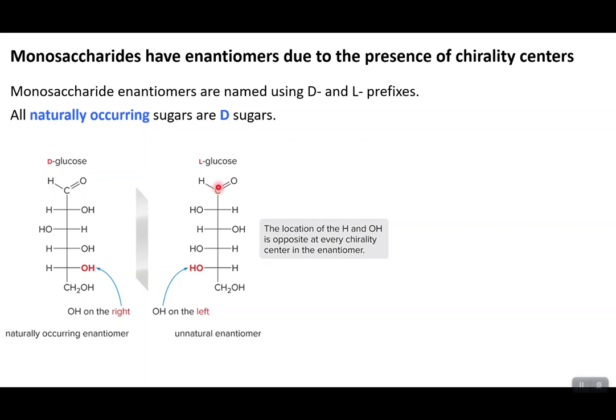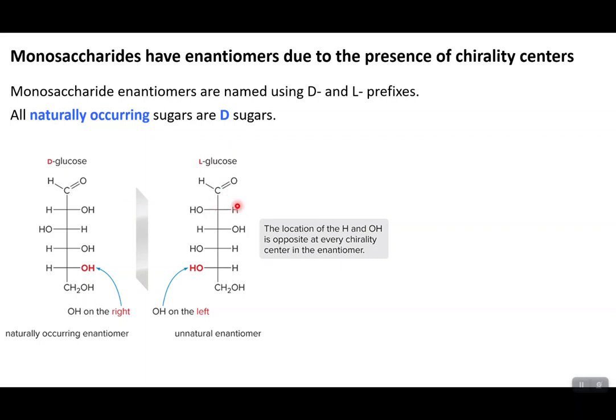However, this carbon is a chirality center, so we're going to write the reflection on the other side. This OH is closer to the mirror, so that's why this OH is present here. And so we are just drawing its reflection. And then if you're looking at the reflection of this molecule in this mirror, you would see that the H is farther away from that mirror, which is why we put this H farther away from the mirror.